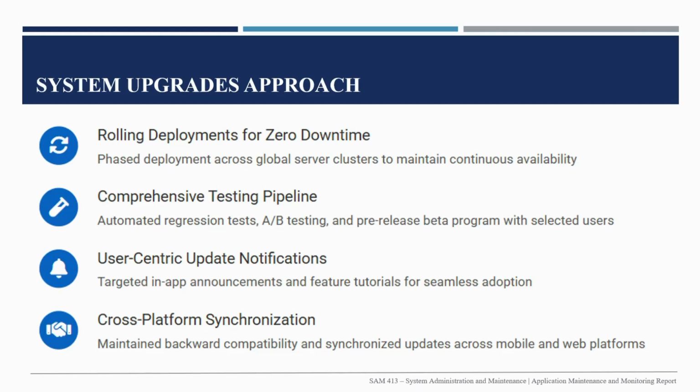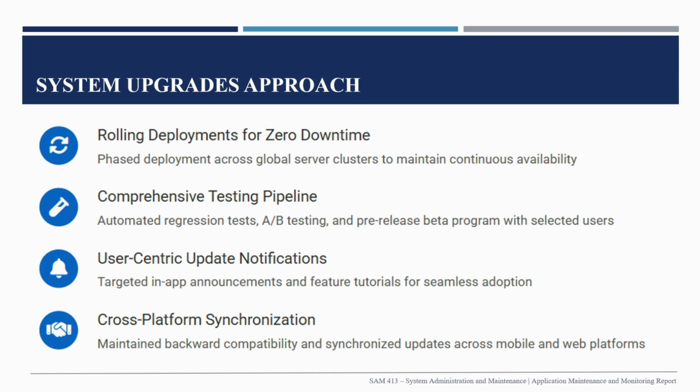LinkedIn's approach to system upgrades demonstrates excellence in maintaining service continuity. They follow a continuous deployment model, pushing code changes multiple times per day without users noticing any disruption. The key to their success is the use of canary deployments and blue-green deployment strategies.